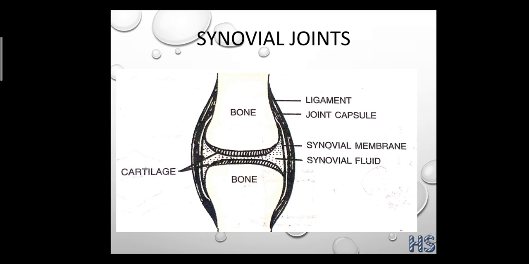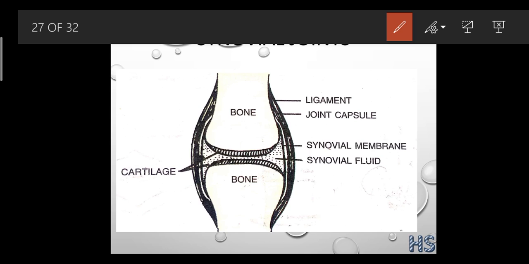Then synovial fluid. Here we can see two bones. In between these two bones there is a cushion kind of tissue called cartilage. Between the cartilage, a fluid is present.